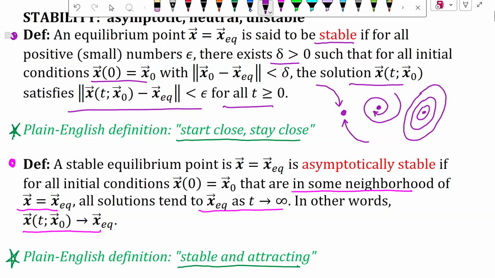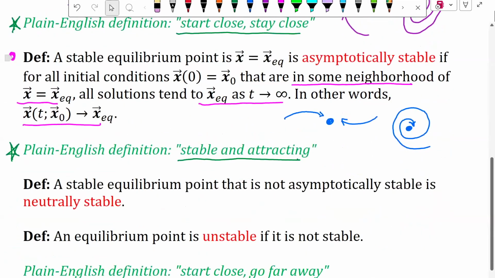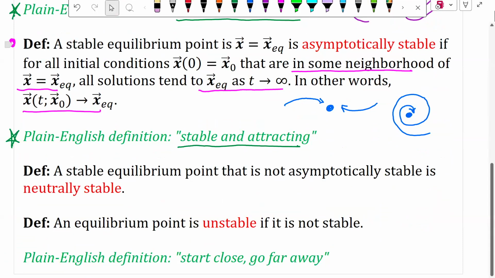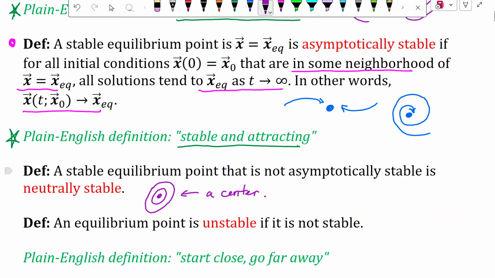On the other hand, to be asymptotically stable, that equilibrium point has to draw solution trajectories in toward it. So the stable node and the stable spiral are still asymptotically stable, whereas the center is not considered asymptotically stable, it is simply stable. Now, what does it mean to be neutrally stable? It simply means that we are stable, but not asymptotically stable. So that's basically the case of a center.